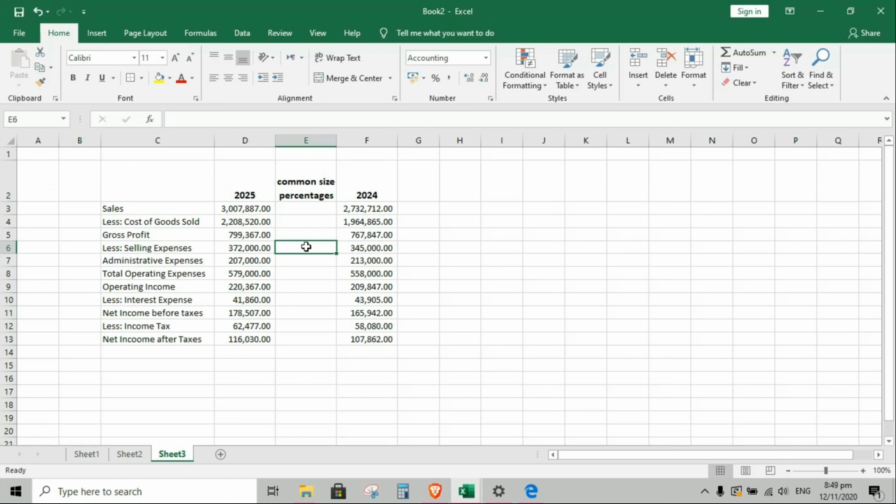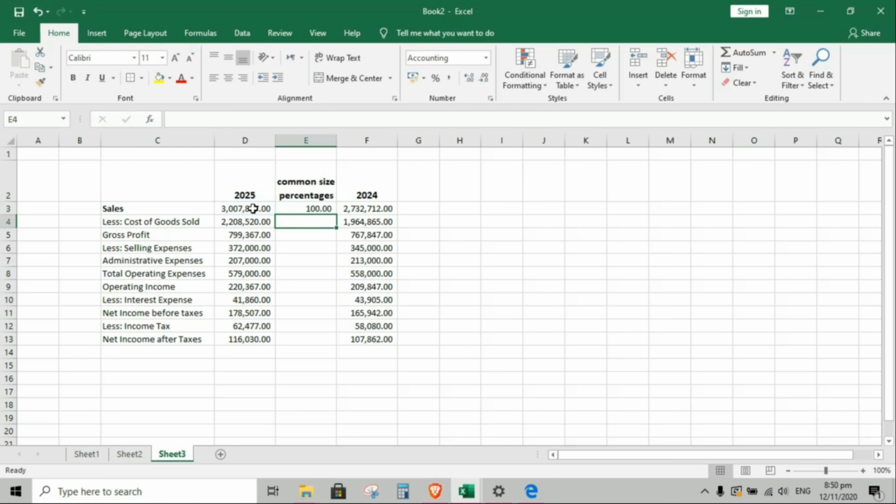So, ano yung magiging base item niya? Ang magiging base item niya is yung sales. Yan. So, kung i-compute natin, sales divided by sales times 100, of course, sales divided by sales, that would be 1 times 100, of course, that would be 100%.